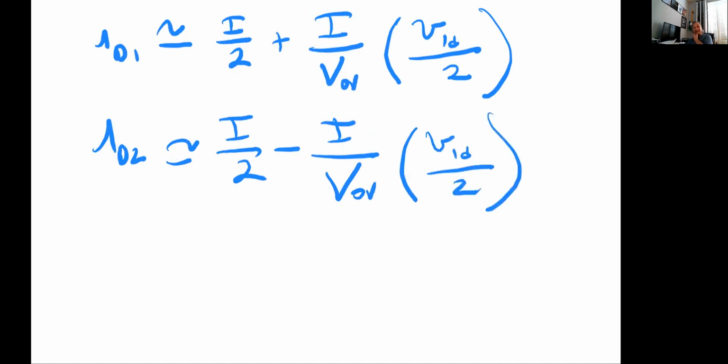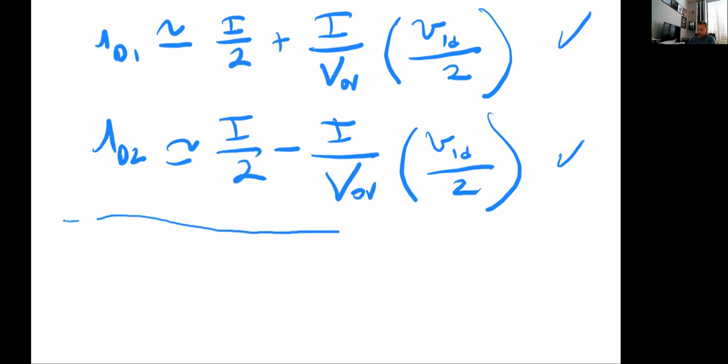So by making that a constraint, that my input differential voltage has to be very small, or I can work with very small differential input voltages that are much smaller than twice the overdrive voltage, I get rid of the nonlinear terms in the previous relationships, and I get these two nice and most important linear relationships.